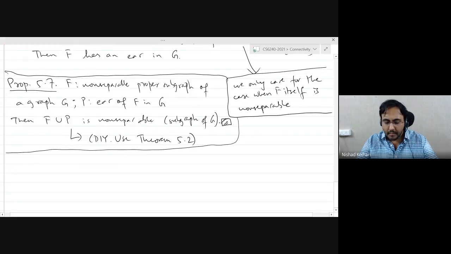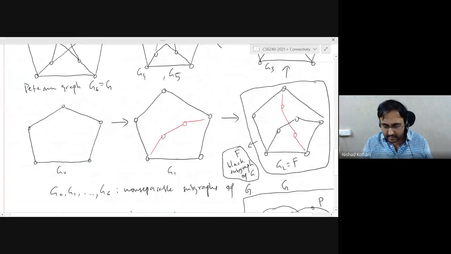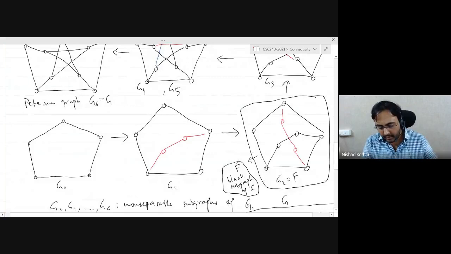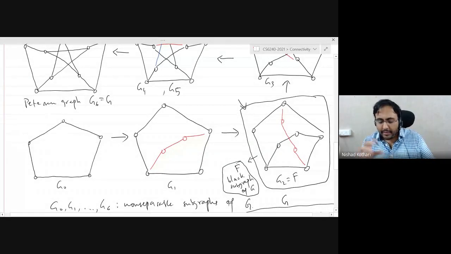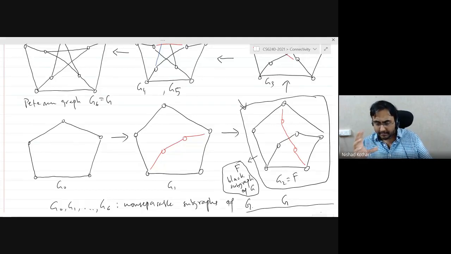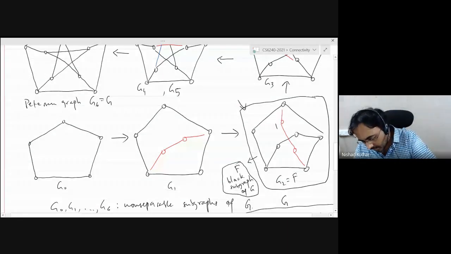I'll go through it once again. You have a non-separable proper subgraph of the graph. So let's go to an example. Supposing we are looking at this drawing here of G2. So you have a non-separable proper subgraph, which is G2, of the graph G. Now you're adding an ear to it, P, which is the red colored path.